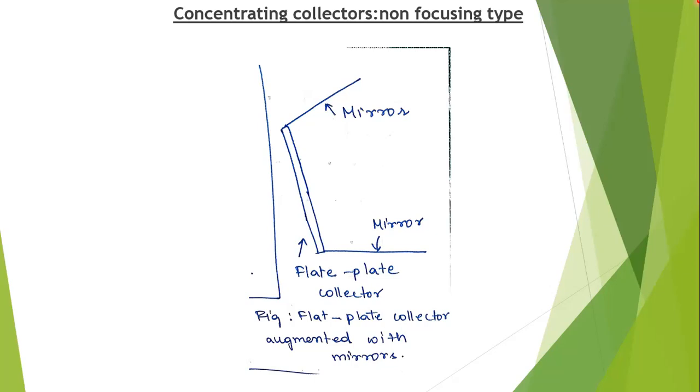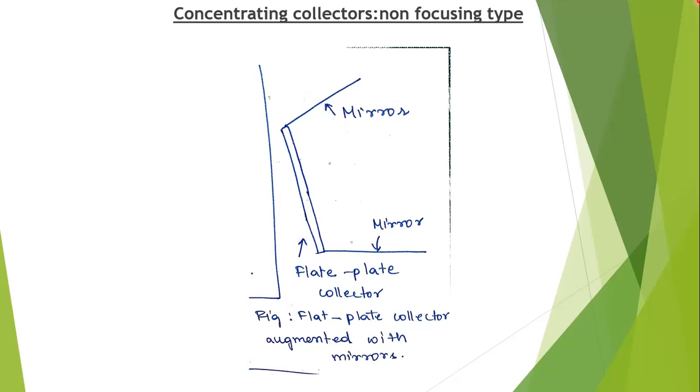If they are kept side by side, these mirrors are specifically designed so that shadowing is not obstructed. Shadowing will not be a main problem if they are kept side by side. For effective reflection of the solar radiation, the mirror angles should be adjusted continuously as the sun's altitude changes.